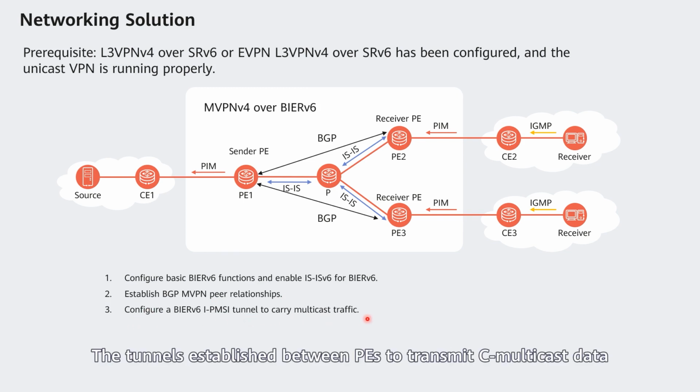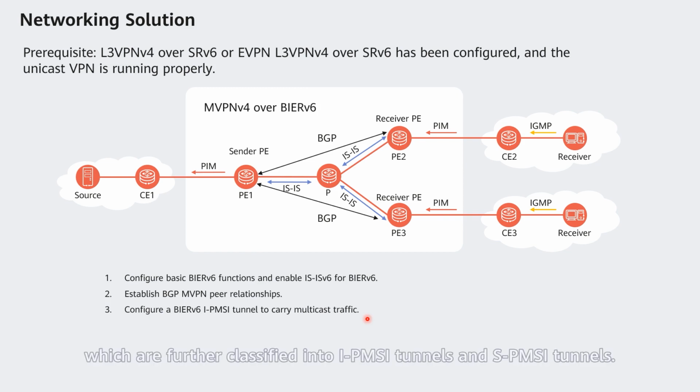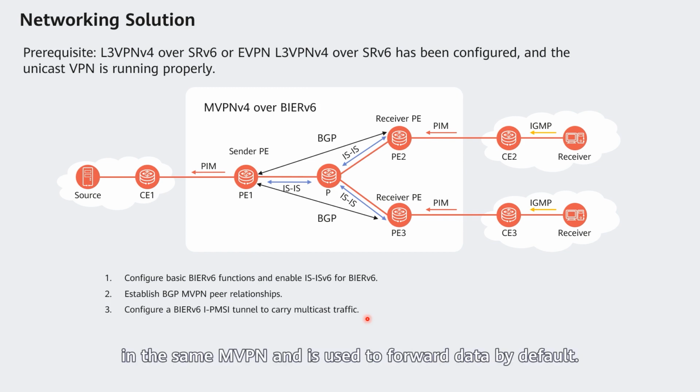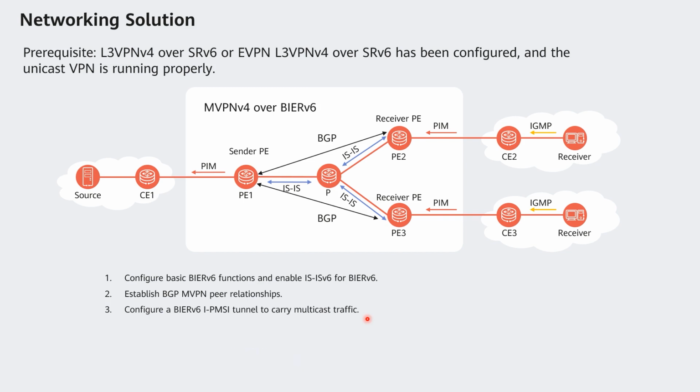The tunnels established between PEs to transmit C-multicast data over the public network are called PMSI tunnels, which are further classified into IPMSI tunnels and SPMSI tunnels. An IPMSI tunnel connects all PEs in the same MVPN and is used to forward data by default.